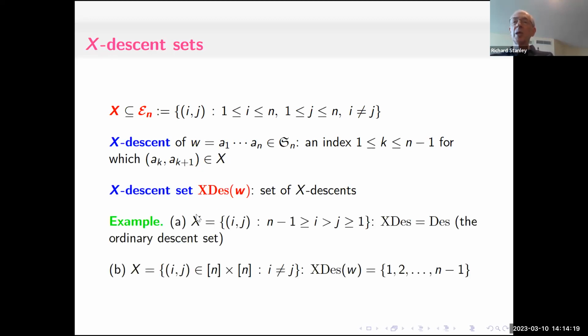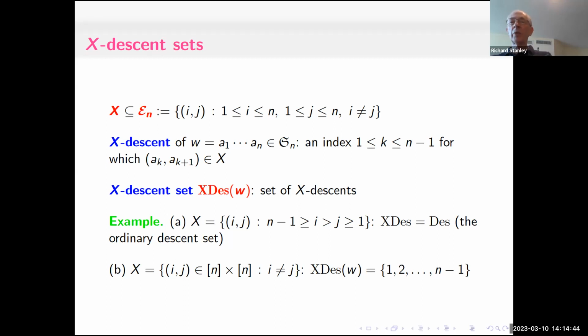So for example, if X consists of all pairs (i, j) where i is greater than j, then the X-descent set is an ordinary descent set. You have an ordinary descent if the terms are a pair (i, j) for which i is greater than j. So the X-descent set generalizes the ordinary descent set.